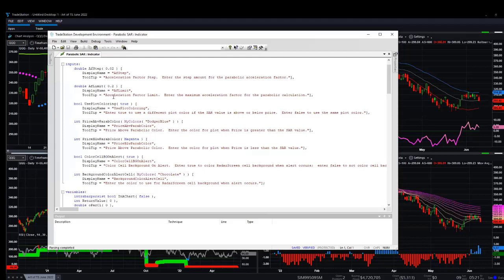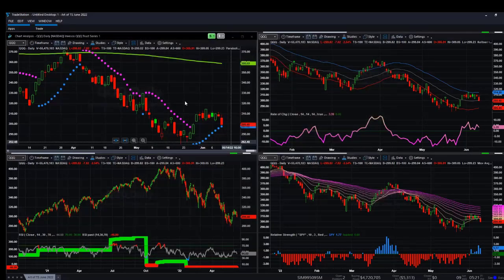So for example, the input called AF step is the acceleration. If that number is higher, it will make the Parabolic SAR tighten more quickly. And then it also limits how much it can tighten, because at a certain point it'll just tighten to the point where it automatically flips in the other direction. So those are the main inputs you can use for that.